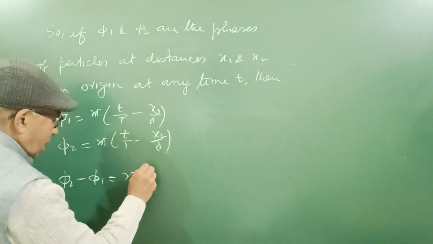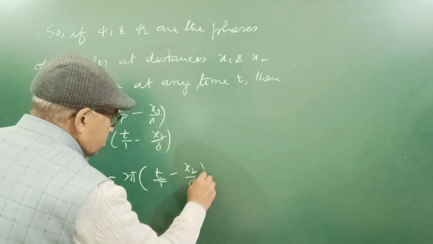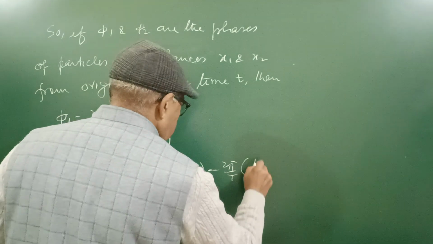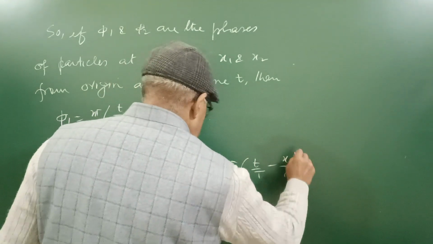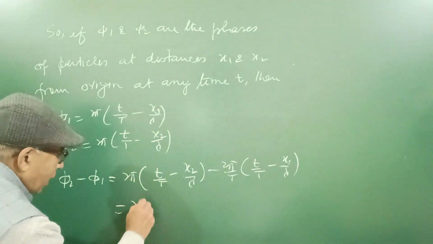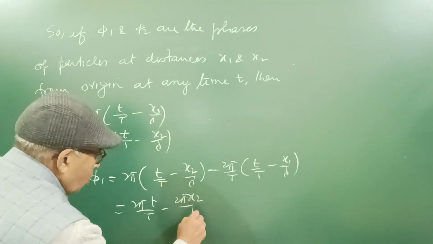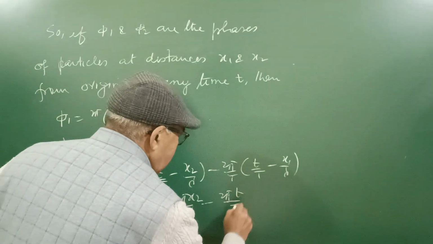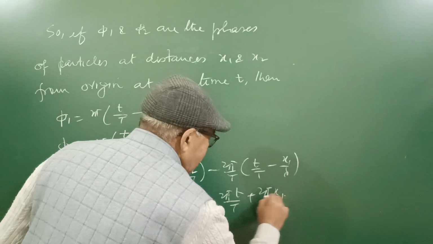So I am writing 2 pi t upon T minus 2 pi x2 upon lambda minus 2 pi t upon T plus 2 pi x1 upon lambda.